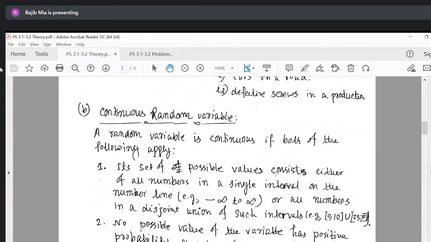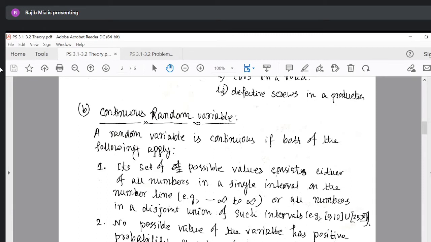For example, suppose x is a random variable for a random experiment. If x lies in the open interval 0 comma 1, there are so many elements in it. There are an infinite number of elements in the open interval 0 comma 1. So this is not a finite set, of course, and we also cannot count its elements.